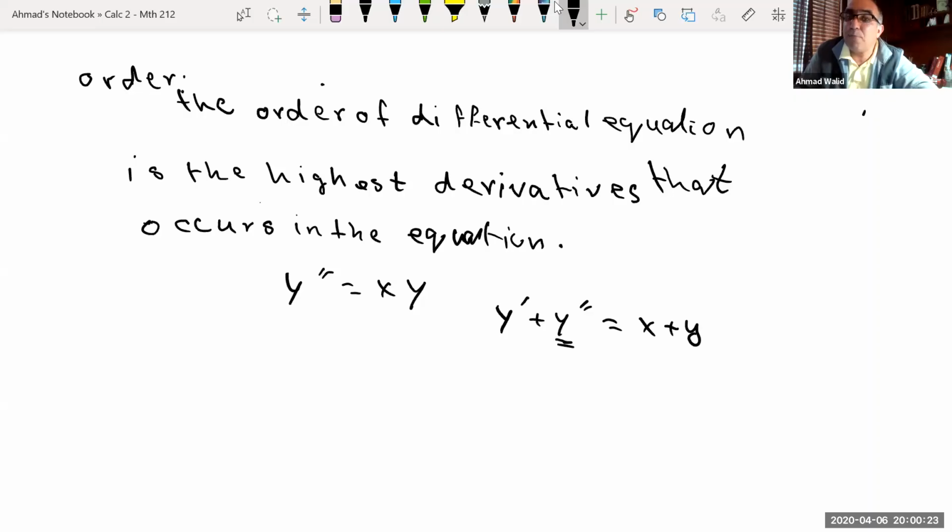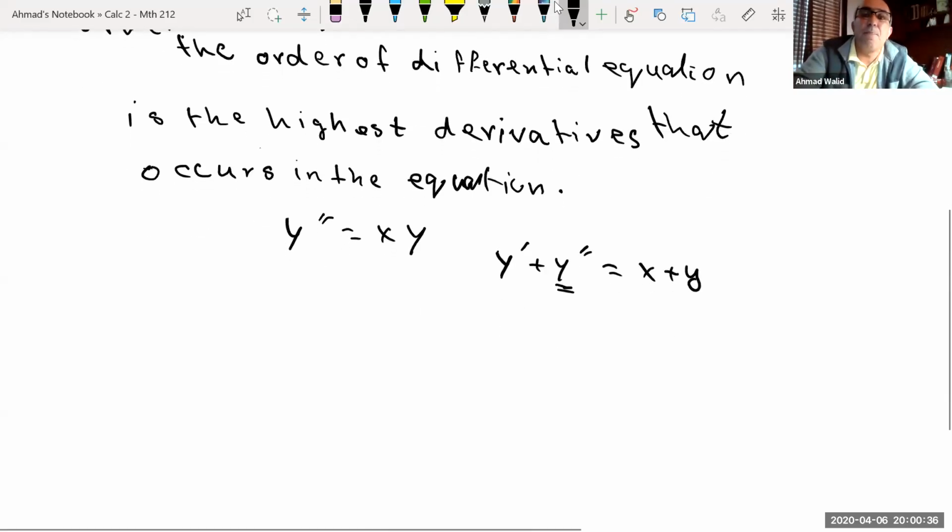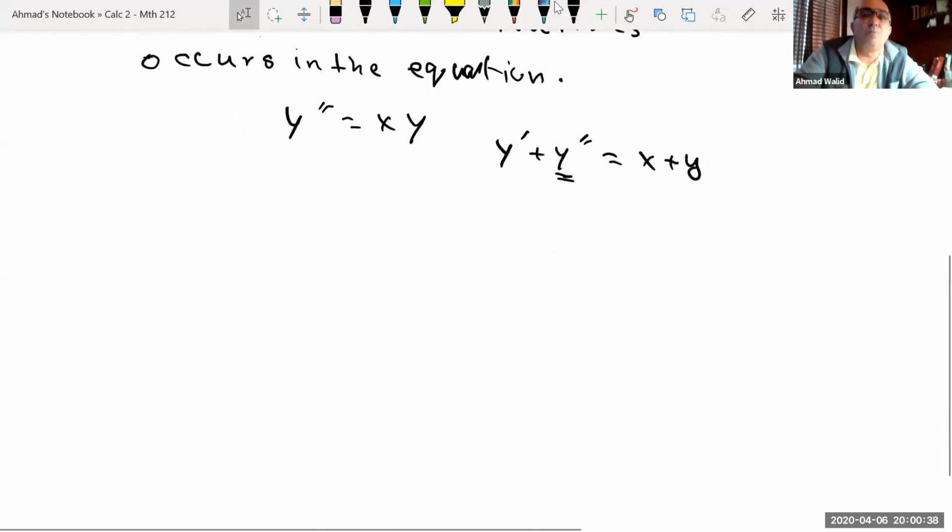Of course, I have the first one, but the highest is the second one. I will call this one second order, correct? Any question up to here?